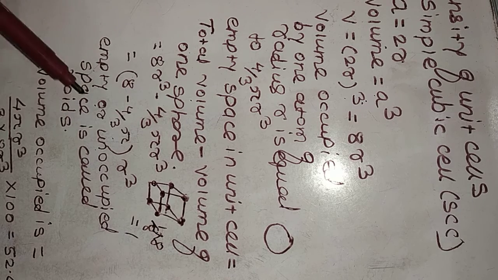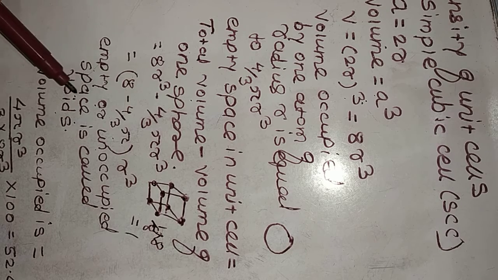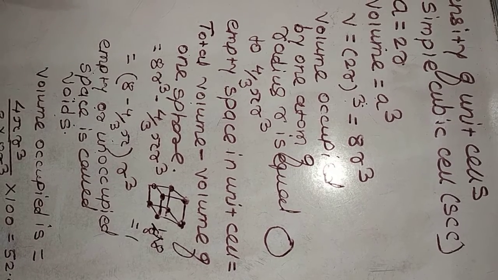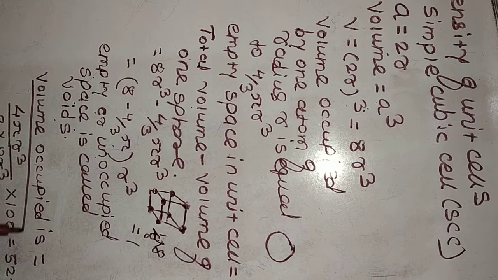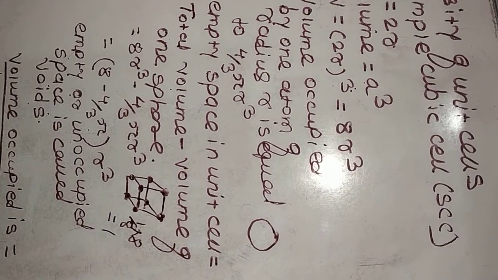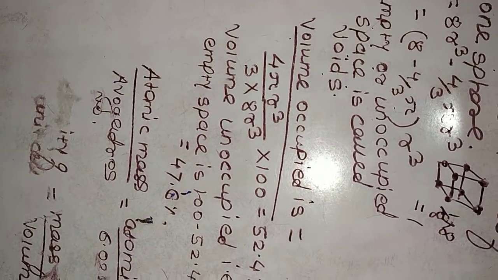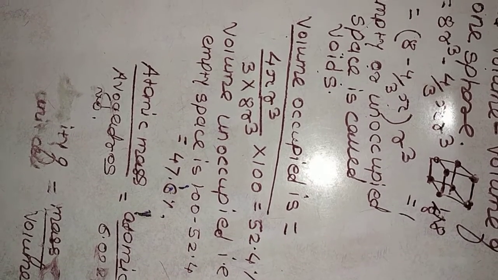Empty or unoccupied space is called voids. You can calculate the empty space, or voids or holes there. Then you want to calculate the volume occupied. How much volume is occupied in this SCC structure?